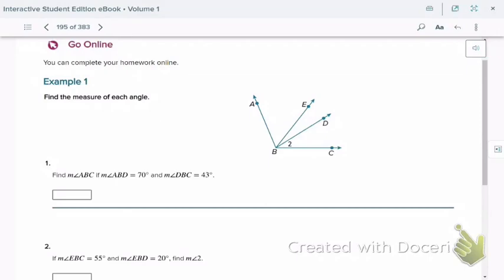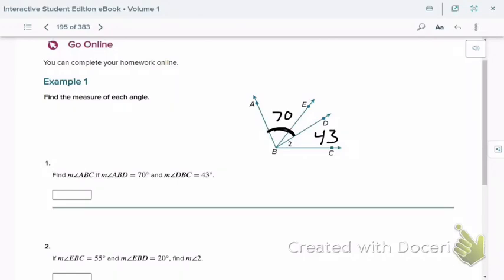Okay, number 1. Here we go. Guys, be quiet, please. ABC, this whole thing, is what we're looking for. It gives us DBC as 43 and ABD, this whole thing, as 70.